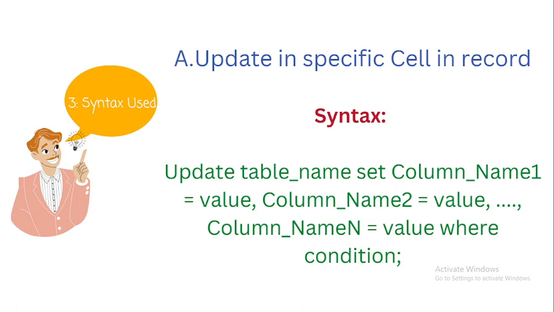It is very important to note here, if you do not use a WHERE clause, then all the values in your table column will be updated at the same time. So we have to make sure that wherever we want to make the changes, we use the WHERE clause. And the condition is nothing but column name equals some value. This syntax we use when we want to update a particular value in a particular cell of a record.